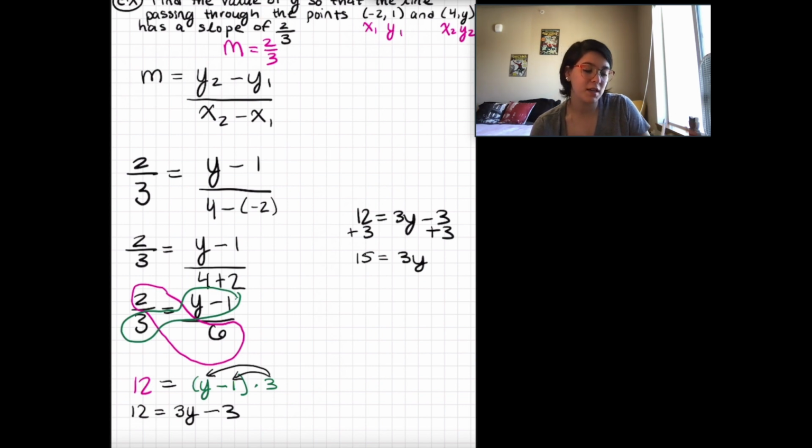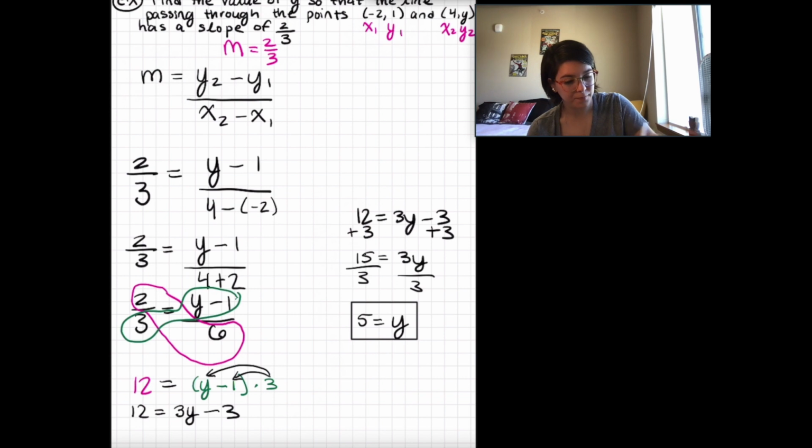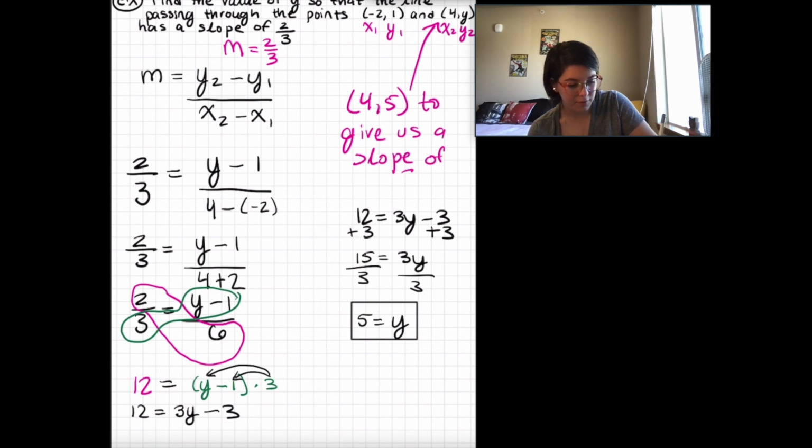And now we have 3 times y, so we just have to divide by 3. 15 divided by 3 is 5. So our y value would have been 5. So in other words, this second coordinate point would have been 4, 5, to give us a slope of 2/3.